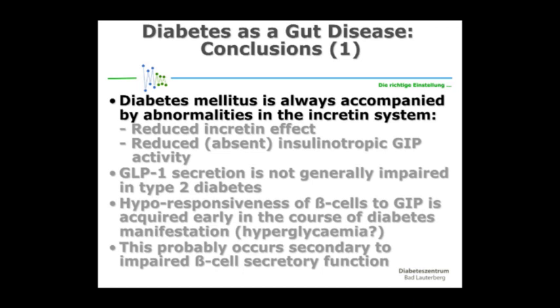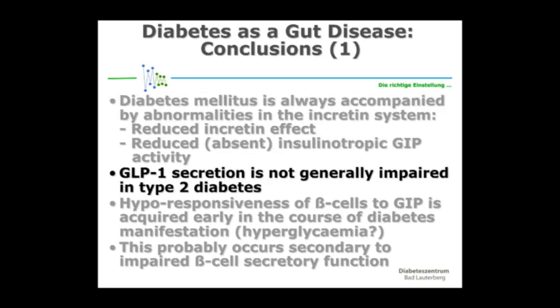So let me summarize. The question was, is diabetes a gut disease? And the answer is, diabetes mellitus is always accompanied by abnormalities in the incretin system. There is the reduced incretin effect, and we have the explanation. There is the reduced or even absent responsiveness to the insulinotropic activity of GIP.